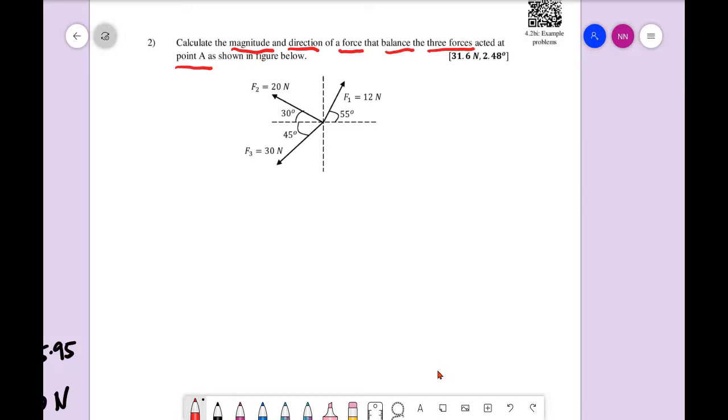Maybe we can call it F4. So we want to find the magnitude of F4 and the direction of F4.